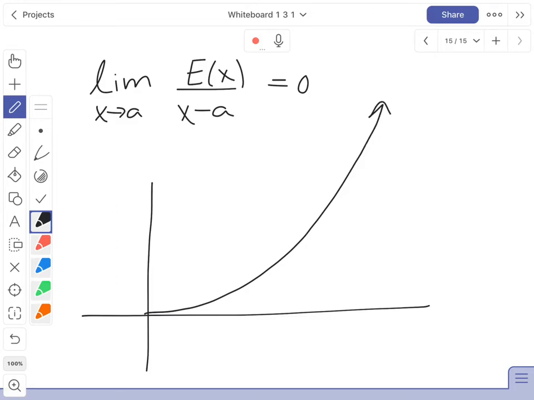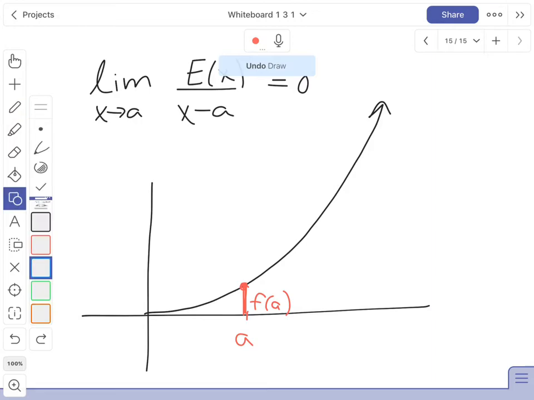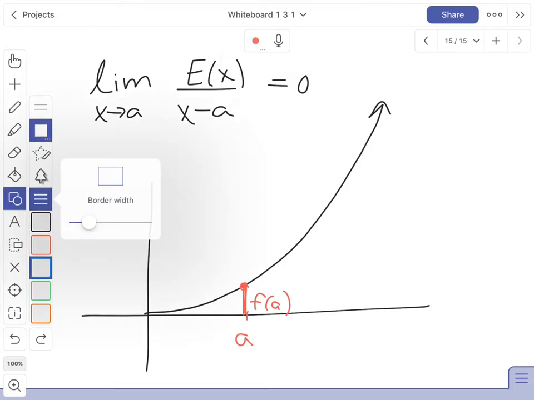So what we're saying is if we have a certain point, we're going to look at a point that we know. So here's A. The point A is right here. This distance right there is the distance between the graph and the value, so that distance is f of A. Now, if we look at a tangent line, I'm going to draw on the tangent line at that point.